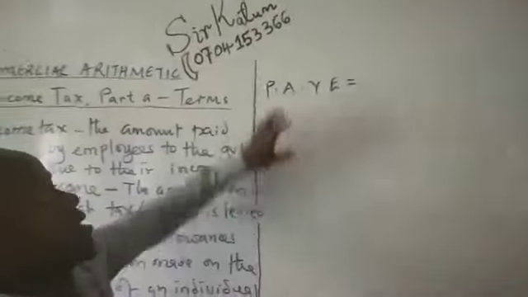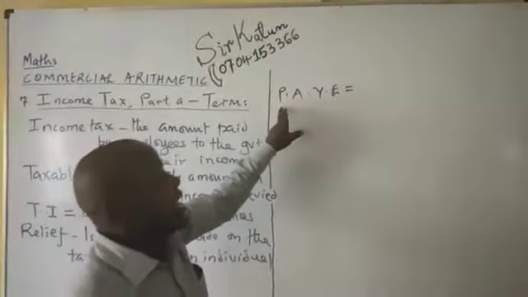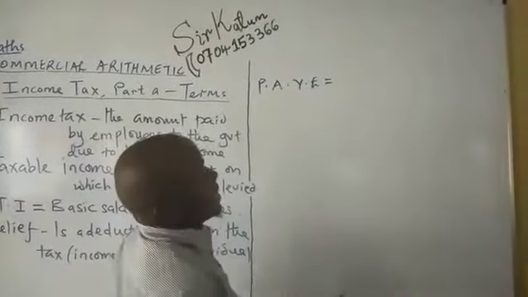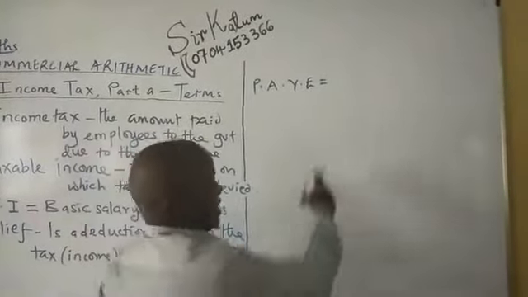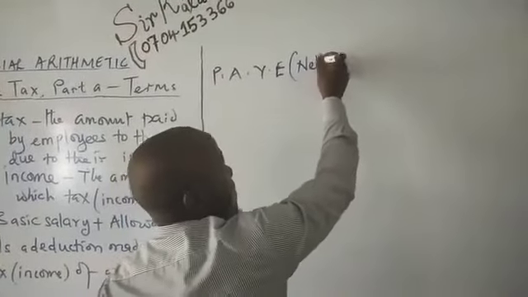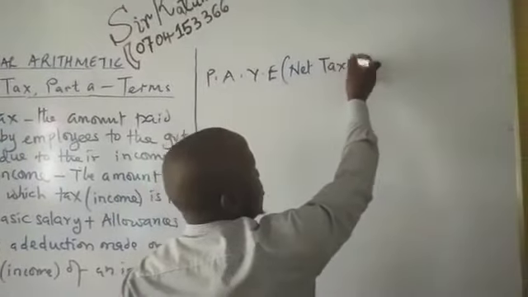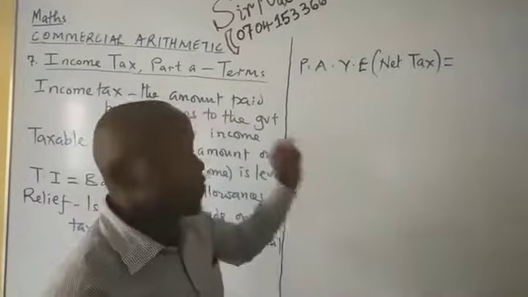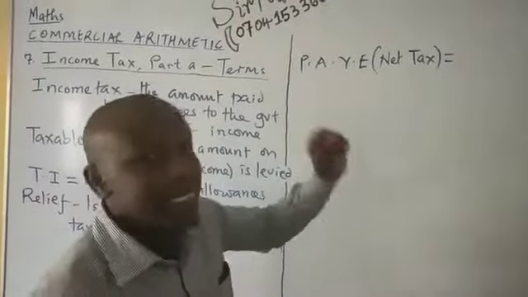Payee in full means pay as you earn. And pay as you earn is now the net tax. Actually, another name of payee, we can call it net tax, which is the tax now paid once relief has been deducted from your tax, from your income tax.